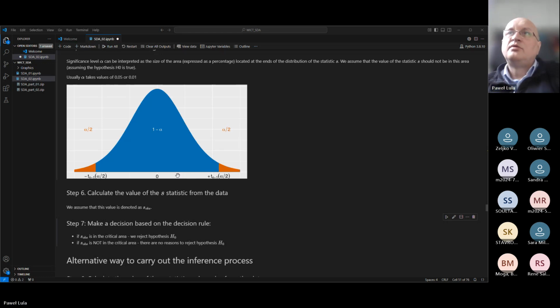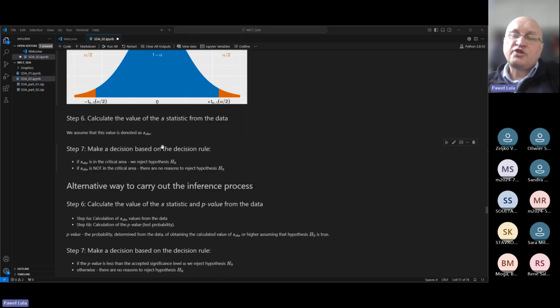Now, this traditional procedure, which I presented here, was changed, and we use another procedure. Of course, maybe I should say it in another way.